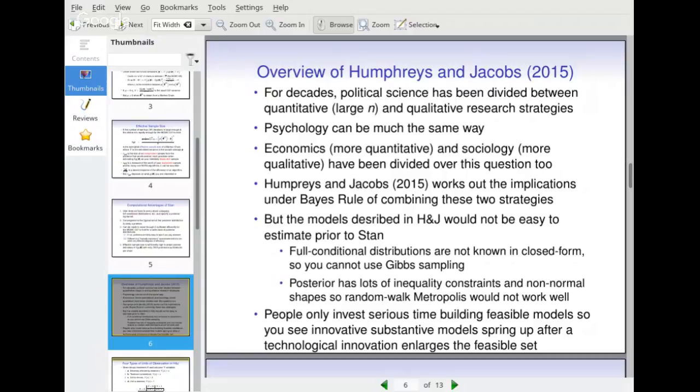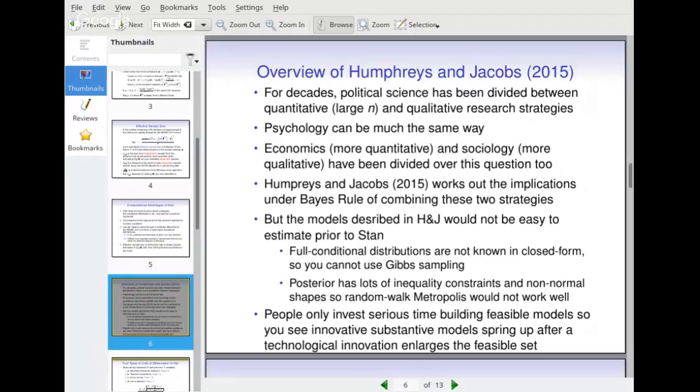And what you'll see if you study this is that people don't spend a whole lot of time and effort investing in thinking about some model and what they can do if it's not feasible for them to do in practice. If that's beyond the horizon, people don't really seriously think about how they would do this.